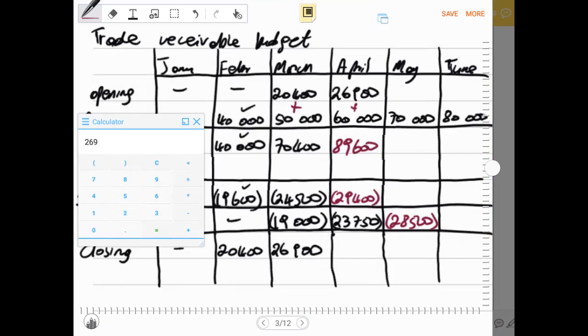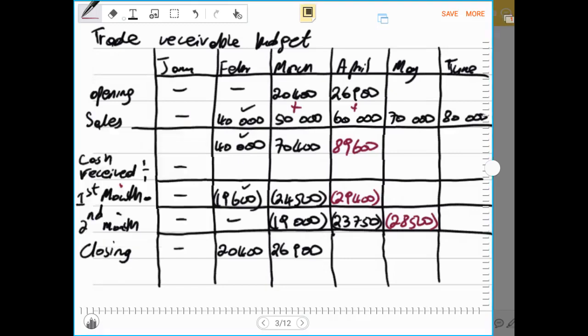Confirm: 26,900 plus 60,000 gives us 86,900. 86,900. Then we continue in that same note.